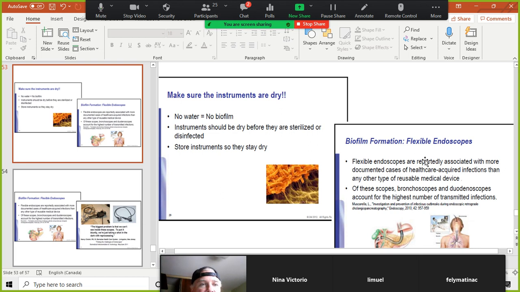These endoscopes are the cameras that go down, and you can see your ulcers, these kinds of things. They have bronchoscopes, all the way to ones for the small intestine. But if you're reusing these medical devices, there's a chance, and all you need is one spore to get through your gut, and now you've got an infection in your small intestine.